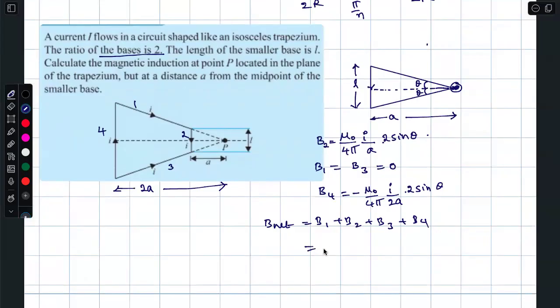Right. μ0/4π I/2A 2 sin θ. And direction finally is net is outwards. Any doubts? Pakka? Sure? Right.